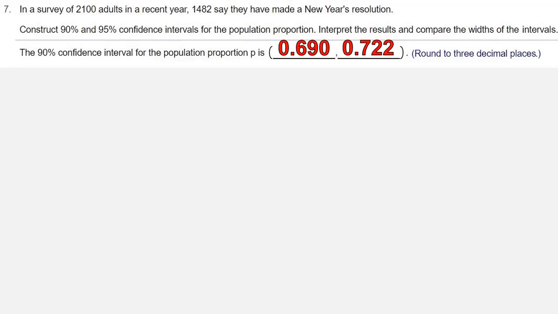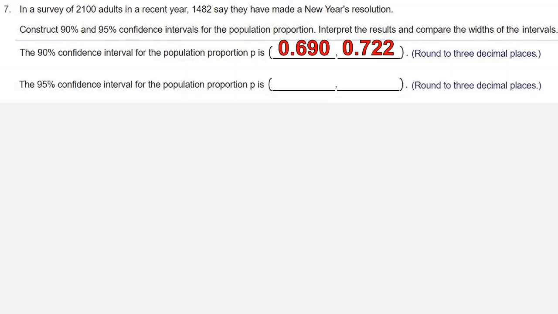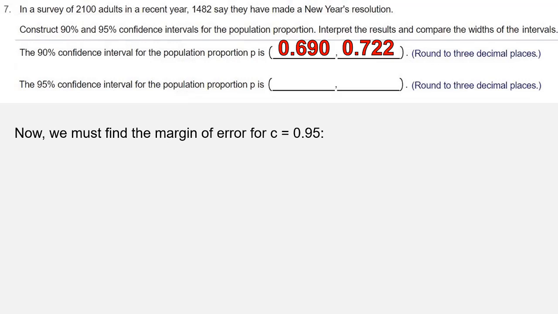We also need to find the 95% confidence interval. So we need to find the margin of error in that situation. When c is 0.95, the zc value is 1.96. So this problem is going to look very similar to the 90% confidence interval, just with a different z-score value.